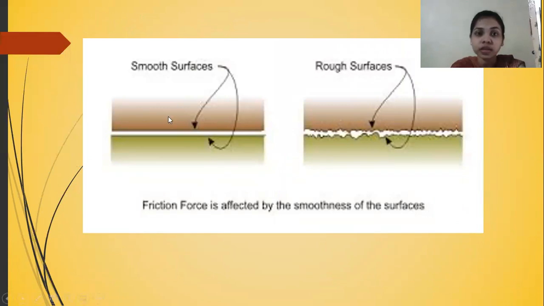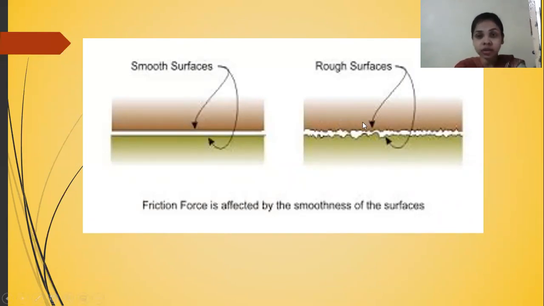So if the surface is smooth, then the friction is less, because there are fewer irregularities on a smooth surface and more irregularities present on a rough surface. If both the surfaces are smooth, there are fewer irregularities and less interlocking. Okay, and the force of friction is also less, and the object is easily moved on the smooth surface.